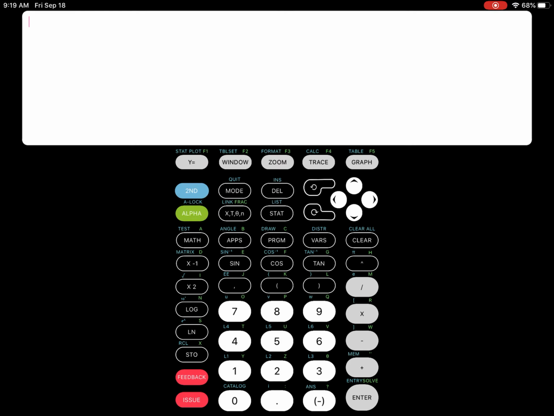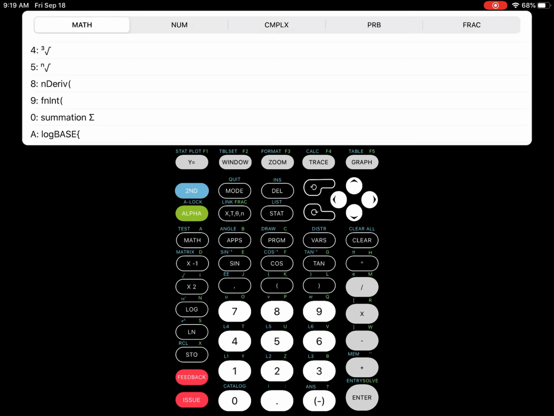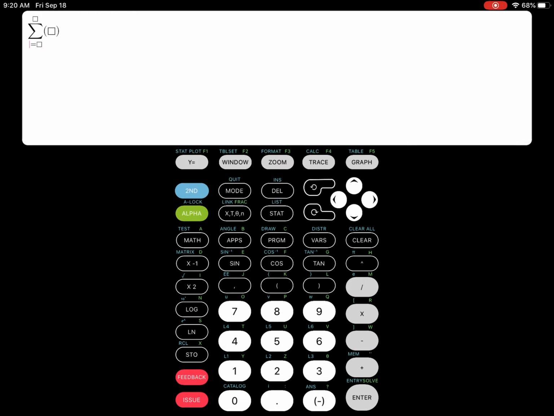So when we're typing sigma in the calculator, you start by hitting the math button on the far left. Then you can scroll up or down until you see the summation or the sigma. If you remember that it's 0, you can go ahead and hit 0. And then we hit x equals 1.